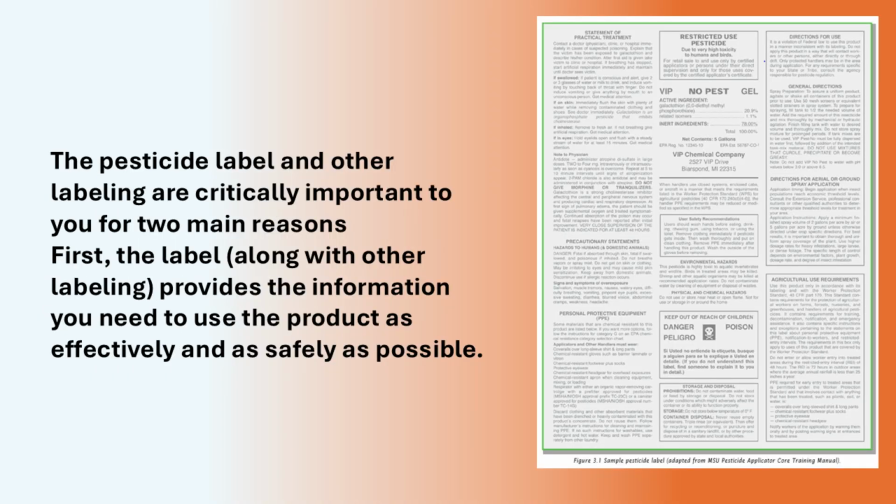The pesticide label and other labeling are critically important to you for two main reasons. First, the label, along with other labeling, provides the information you need to use the product as effectively and as safely as possible.